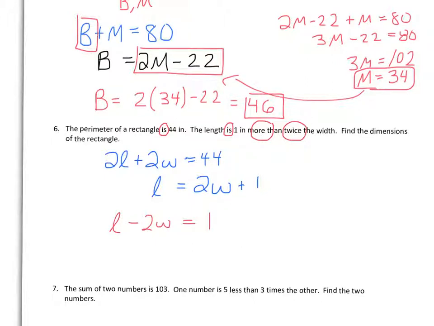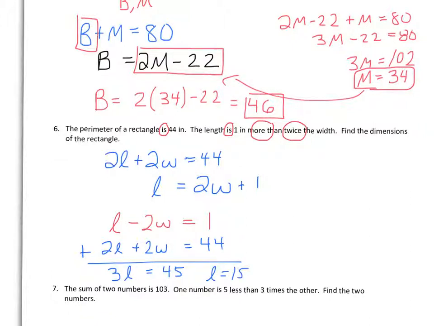I'm going to rewrite the original perimeter equation below it. And this is set up for me to just add these equations together because now I have opposites in front of the W's. So L plus L is 3L is equal to 45. Or the length is equal to 15 when we divide.